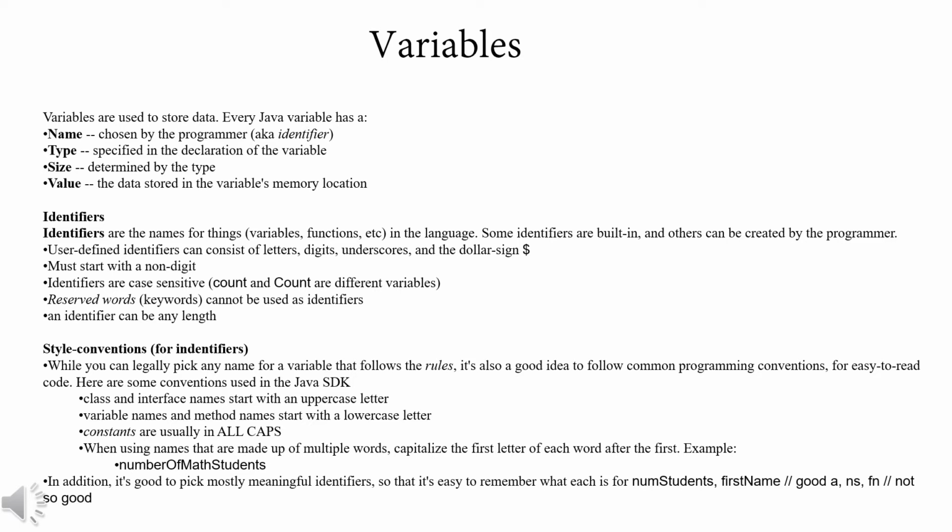Then we have reserved words. So as we talked about before, reserved words are those words that are predefined in our programming language. So they have a special meaning for the compiler. For example, int, right, or public, or class, or main.